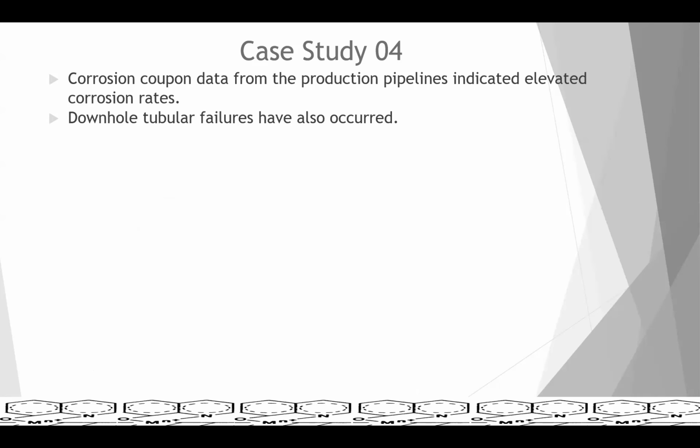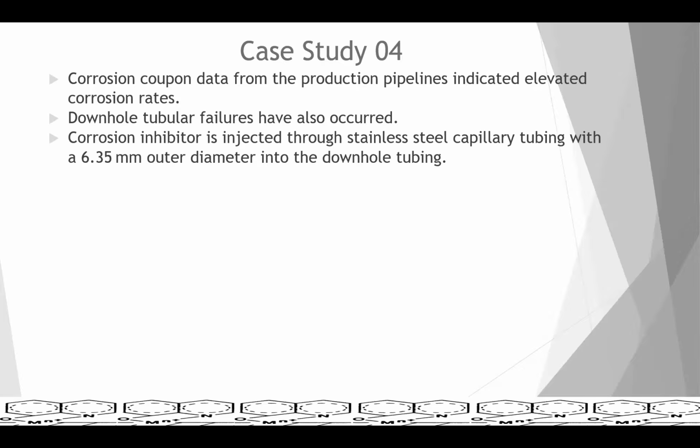And they also experienced failures in their downhole tubulars. When we reviewed this project, we found that the corrosion inhibitor was injected through a stainless steel capillary tubing, which was 6.35 mm outer diameter.